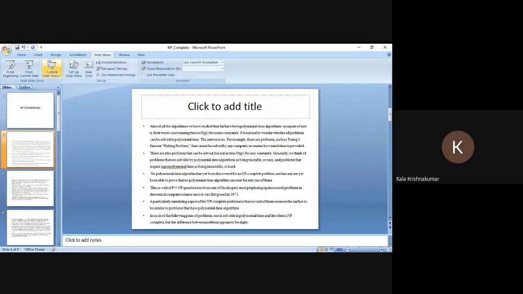Given a Turing machine and one input string, suppose the string is accepted by the Turing machine. After some moves, the Turing machine will halt. That is for sure. But if the string is not accepted, we cannot say whether the Turing machine will halt after some moves or not. Sometimes the Turing machine will enter into an infinite loop. That problem is known as the Turing machine's halting problem.